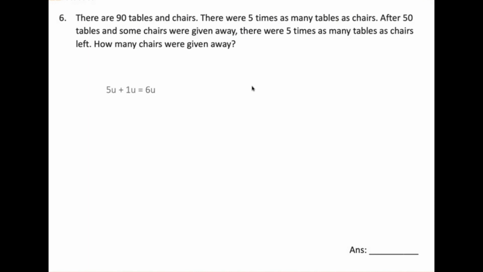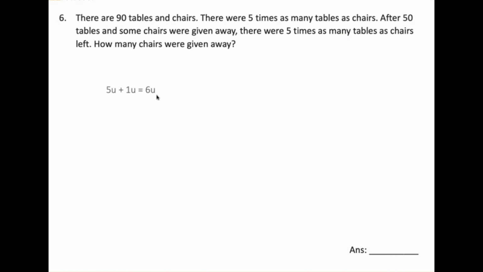After 50 tables and some chairs were given away, there were 5 times as many tables as chairs left. Now, before we go to this part, we know that 6 units is equal to 90, right? Because there are 90 tables and chairs and there are 5 times as many tables as chairs.